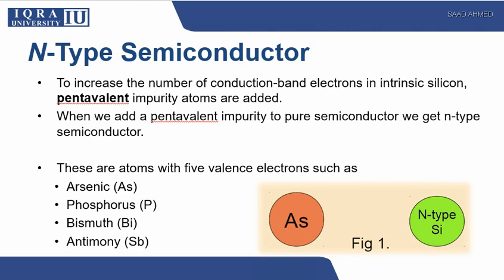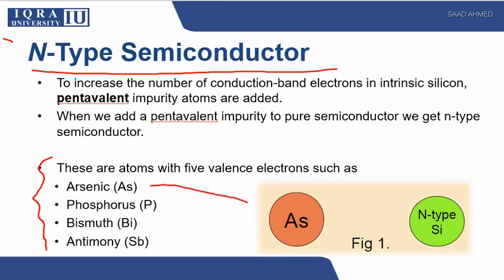So for the n-type semiconductor, we know that we need a pentavalent impurity, that is group 5, and from group 5 we have selected arsenic, and we will add pentavalent impurity to a pure semiconductor to get n-type semiconductor. So this n-type semiconductor will be produced by using arsenic as an impurity atom, that is a pentavalent impurity.